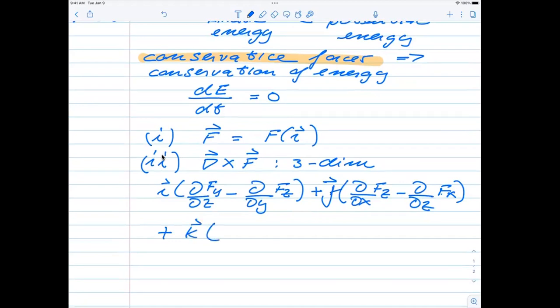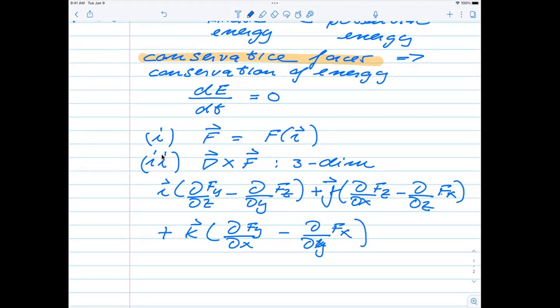And then I have d of dy of fx minus d dx. It's actually dx here first. Sorry for that. This is a dx of f of y minus a dy of f of x.